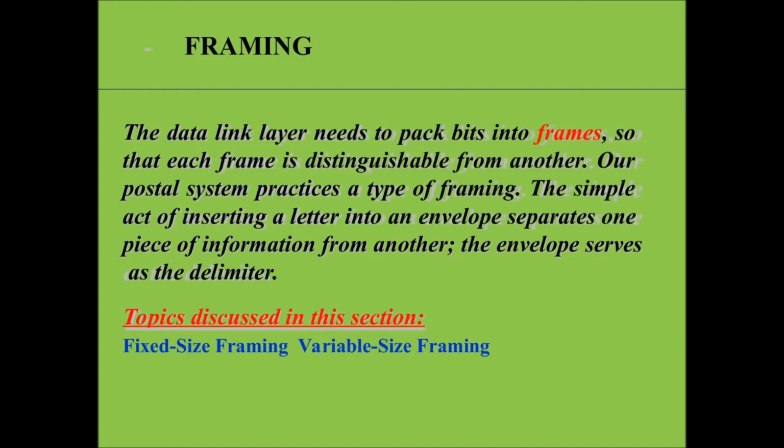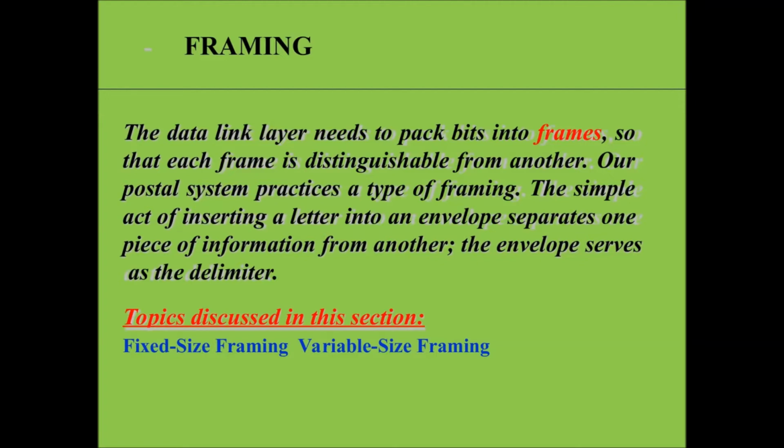So these separate envelopes are like frames over here. If there are two users and these two users are sending data from one device to another device, user 1 is source, user 2 is source. So user 1 data will be transmitted separately and user 2 data will be transmitted separately.